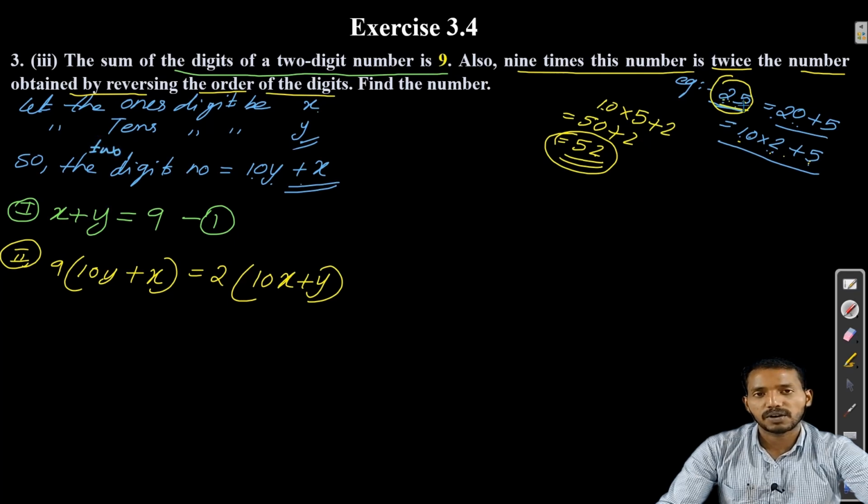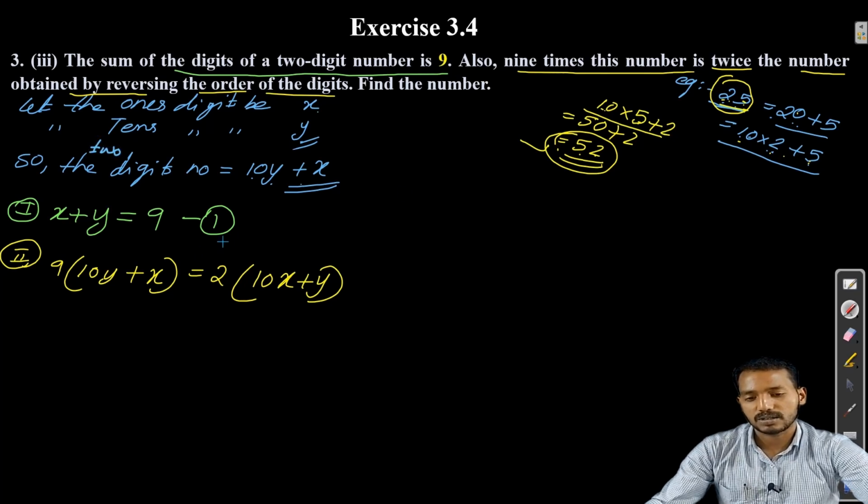Here it is 25, the order of digits is 2, 5. When I reverse the digits into 5 and 2, the number is obtained like this. Similarly, while reversing the order of digits, 10y plus x is changed to 10x plus y. Clear?